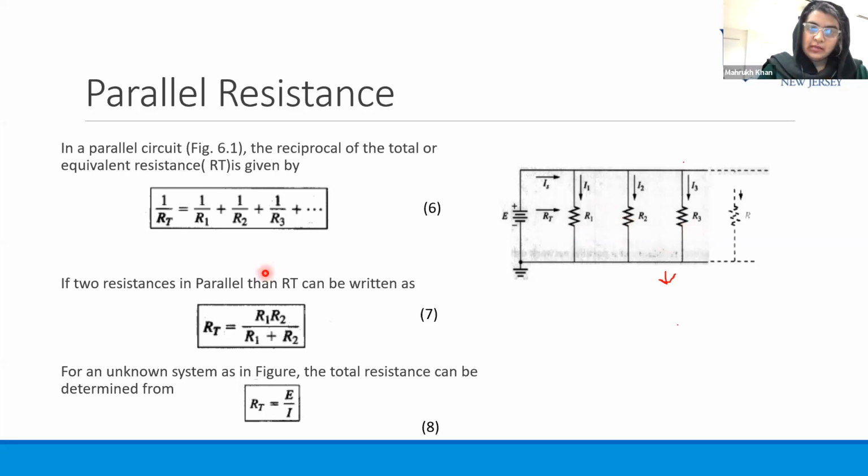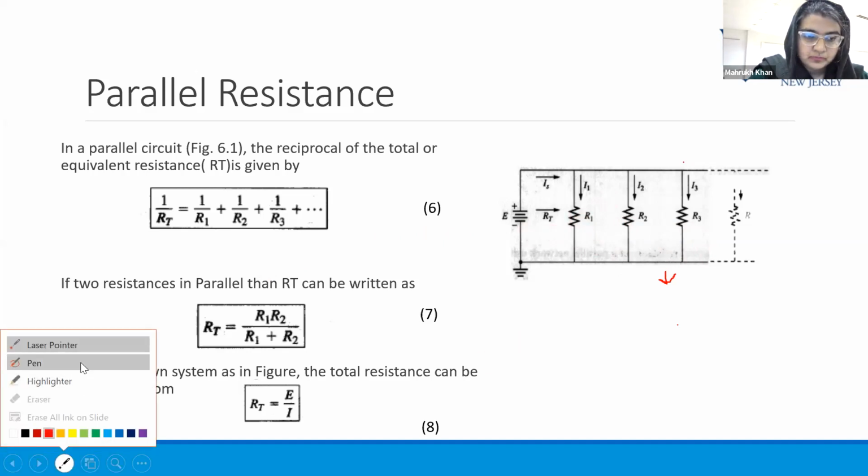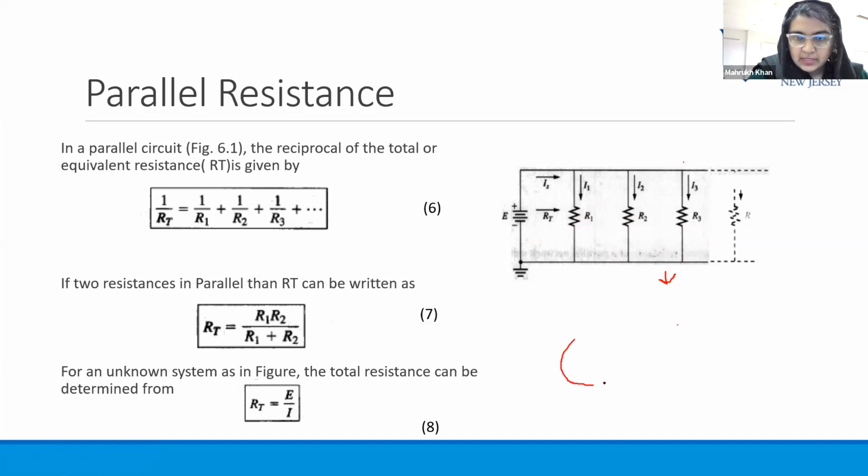So what we are doing is, we know that the total resistance that we calculate here will be RT. And if we know that, it means that our equivalent circuit, if we draw, this will be our RT. And this RT will be the parallel combination of all these resistors, right?